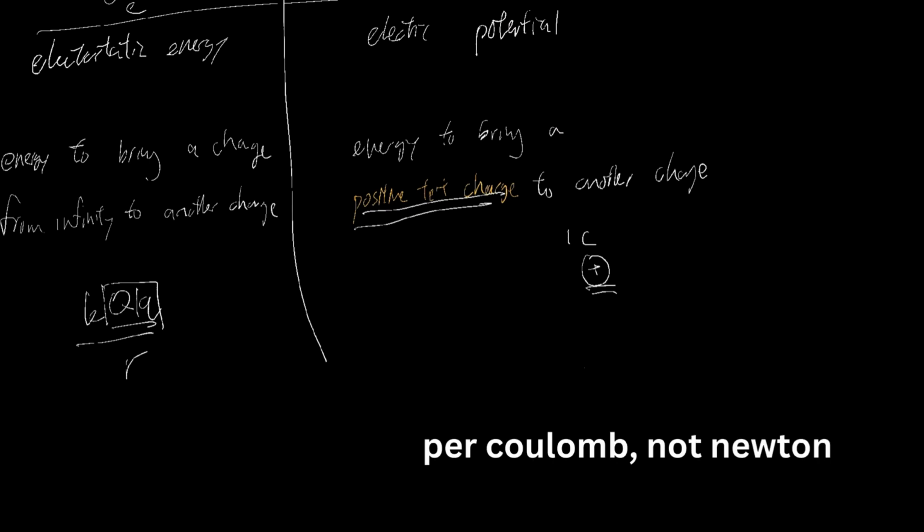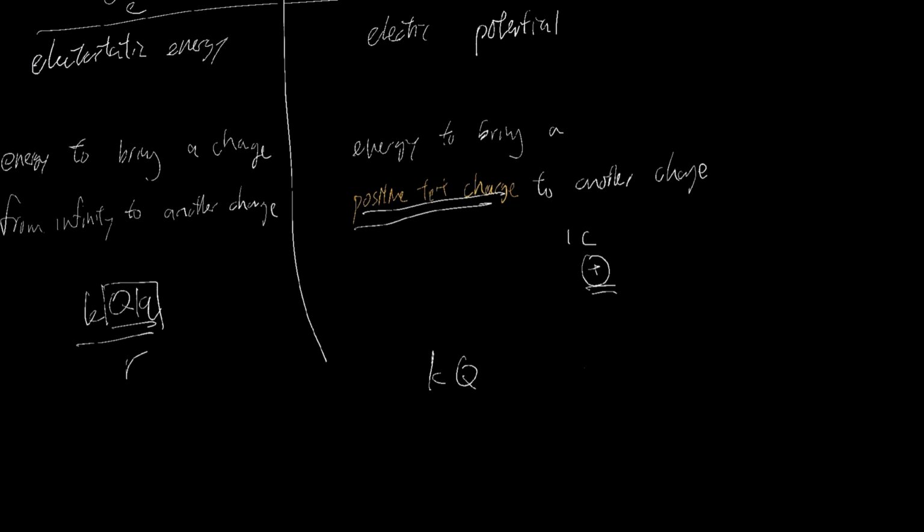Therefore, for the equation, we will generally just use kQ divided by r without taking account of the second Q. The units will be joules per coulomb, which means that for every coulomb, x joules of work is required to bring it to another charge. Yep, this is r.